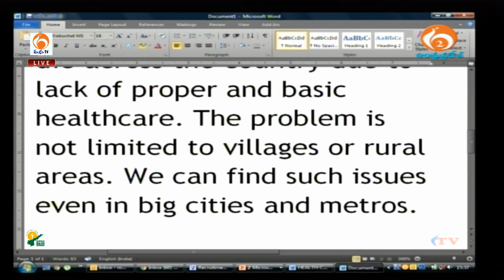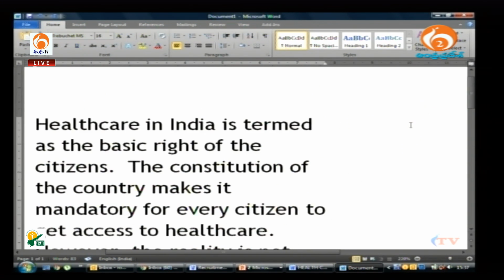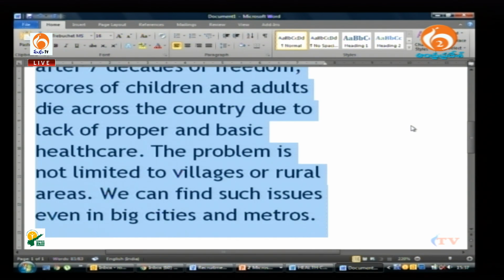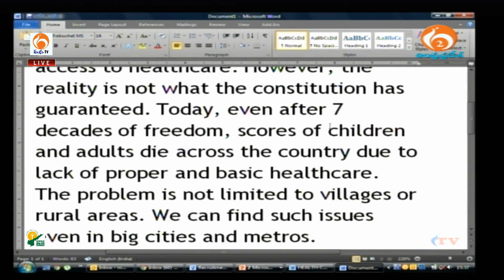We can find such issues even in big cities. So if I have to zoom out, okay, this is my entire first paragraph and I have written 83 words. All right. I will expand this a little bit so that this is clearly visible to you.